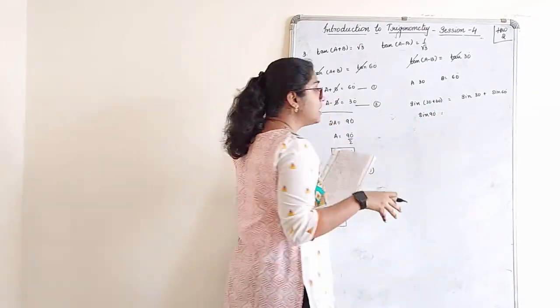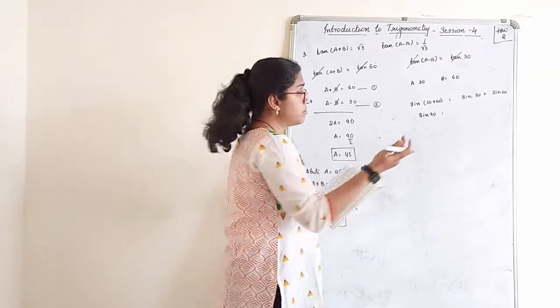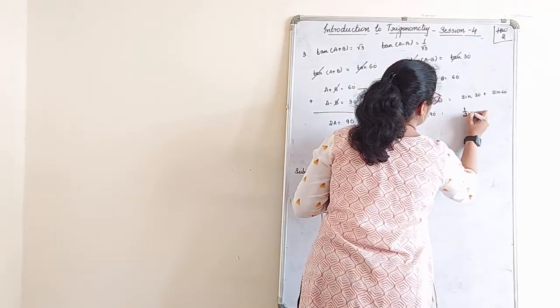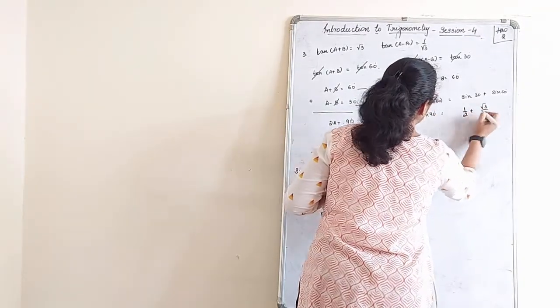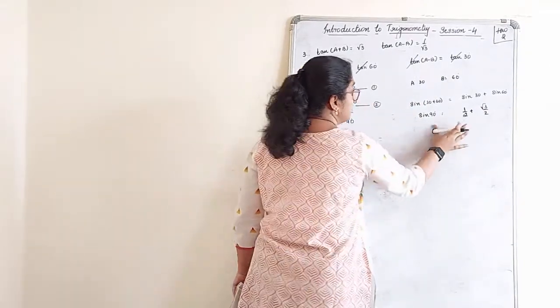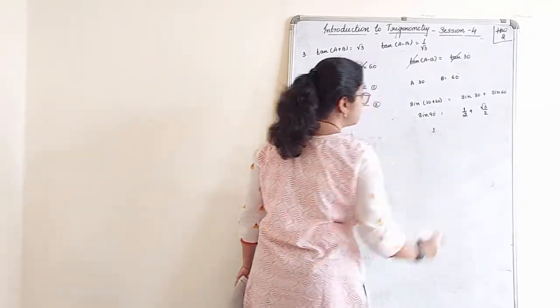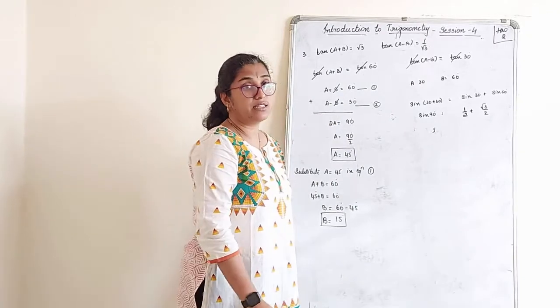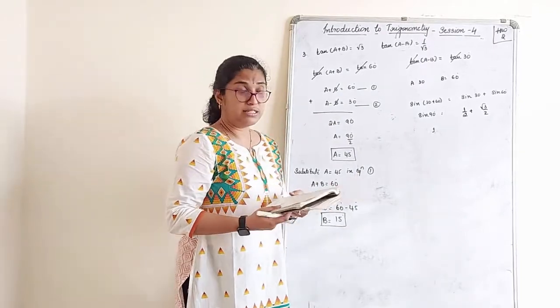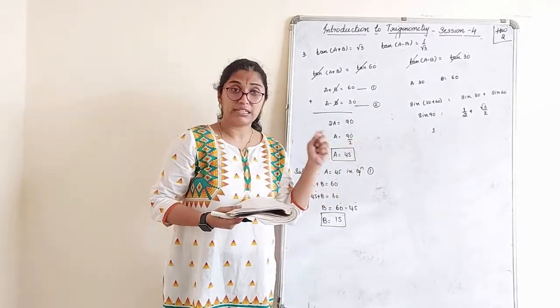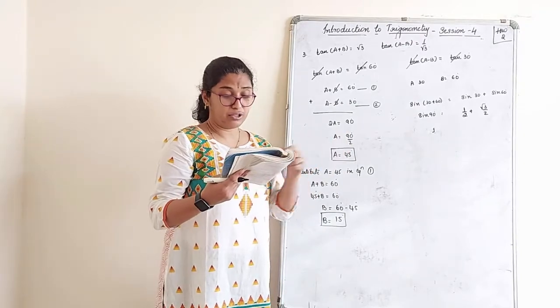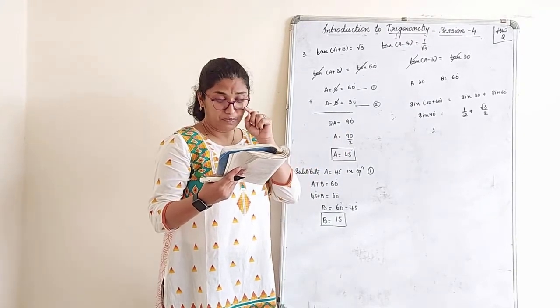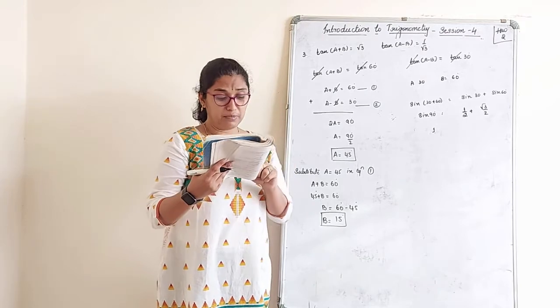Where sin 30 alone has the value 1 by 2 plus root 3 by 2. Sin 90 is 1. That will not give you 1 as an answer. That means this is false. And we are giving justification with an example only. First one is false. As I have told, justification I'll send you all in the PDF.